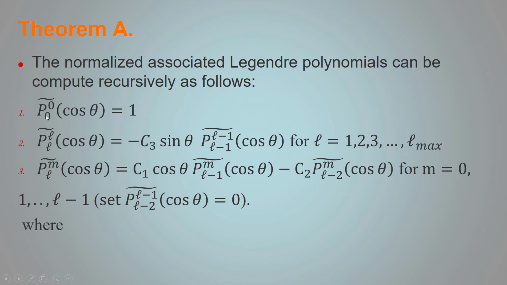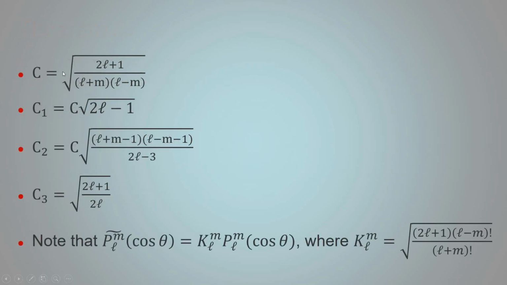First one, you compute this, and you can use these 2 and 3 relations. You can use this formula and this one. You compute the PLL and PLM ones. So the constant is defined as follows.